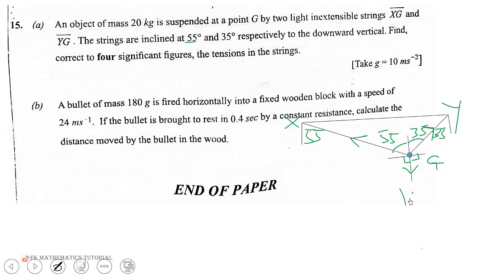So we have the weight of the object equal to mg, mass times acceleration due to gravity. So that will be equal to 20 times 10, which is equal to 200 newtons. That is the weight of the object.